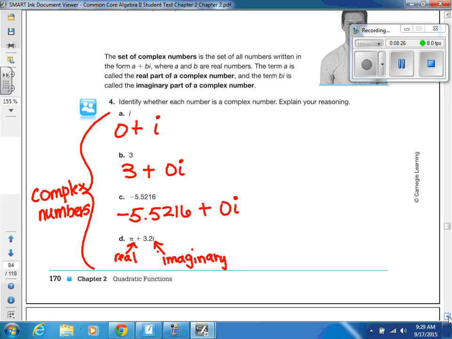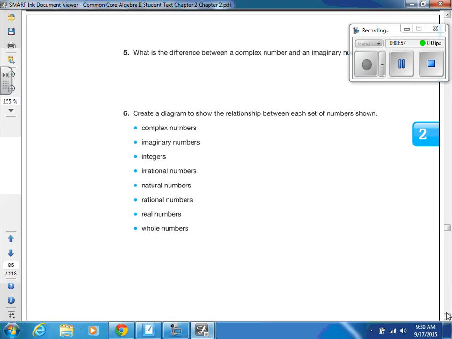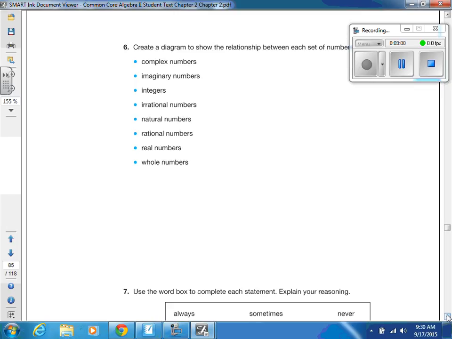Because I can use 0 there. Only some numbers are imaginary. All numbers are complex. That's going to lead us to number 7. Let's work on number 7. Oh, no, number 6. We'll do 7 in a minute.